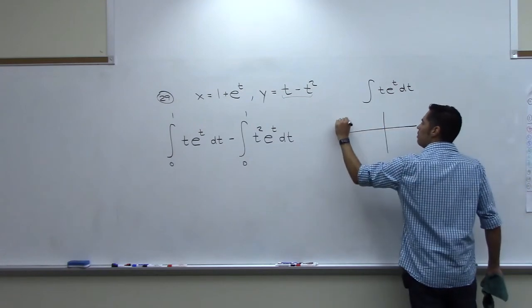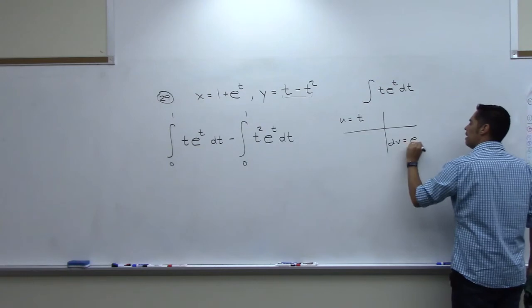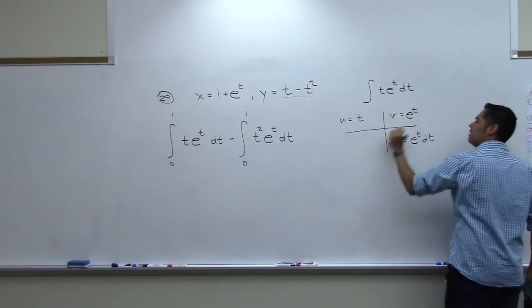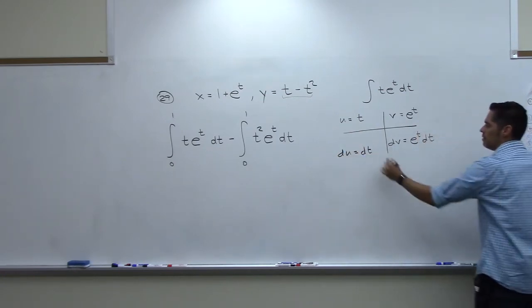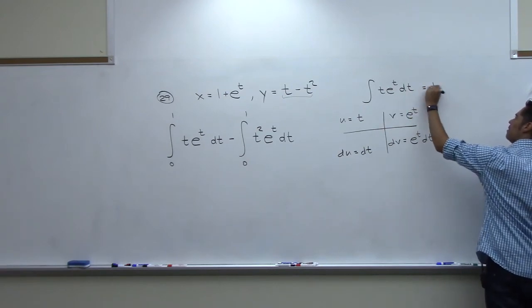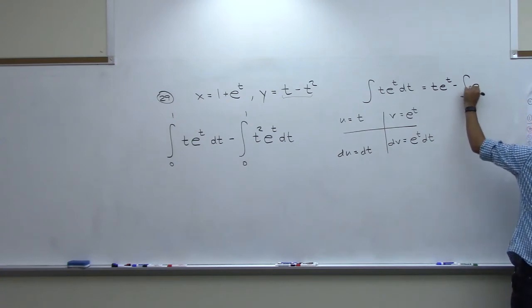Table, u dv: u is t, dv is e to the t dt, v is e to the t, du is dt. So it's t e to the t, minus the integral of e to the t dt.